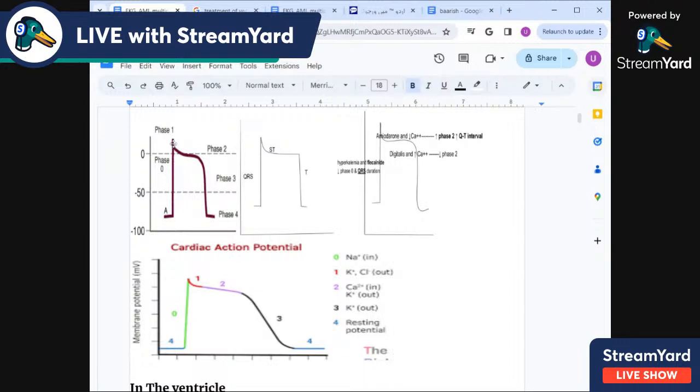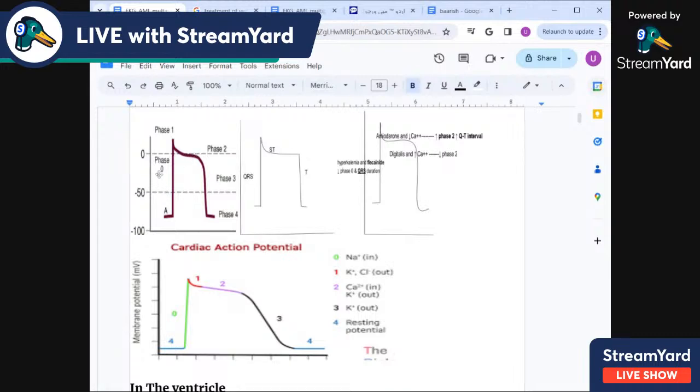And then there is a plateau phase, phase 2, where calcium enters, and this lasts for 0.33 seconds. And this is repolarization. So, depolarization is QRS and repolarization is phase 2.